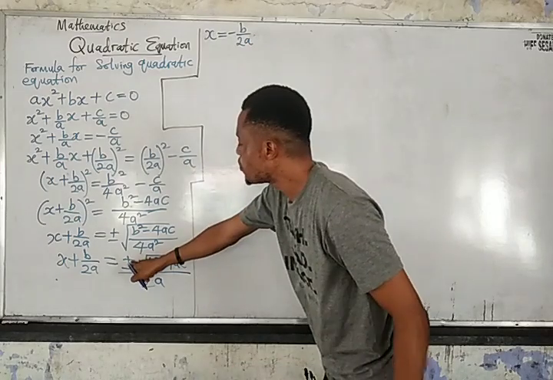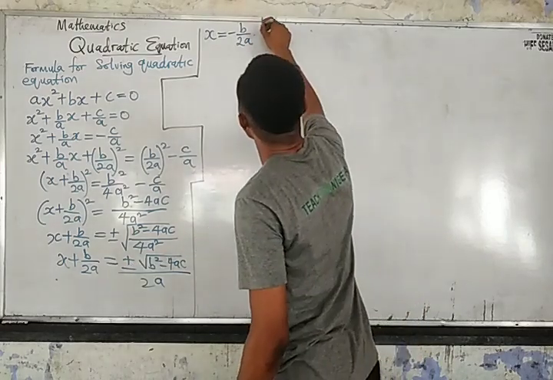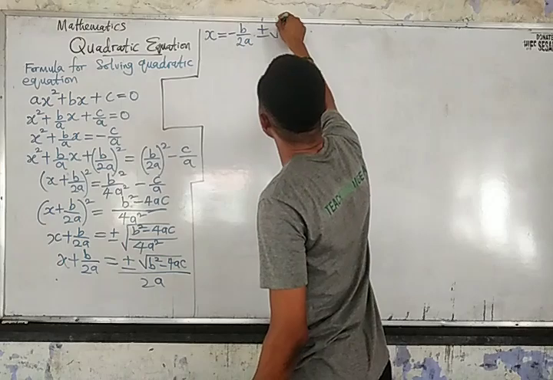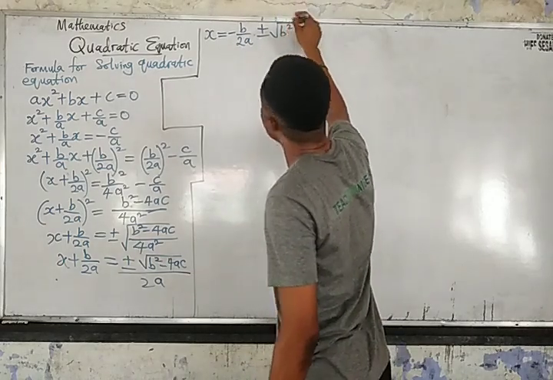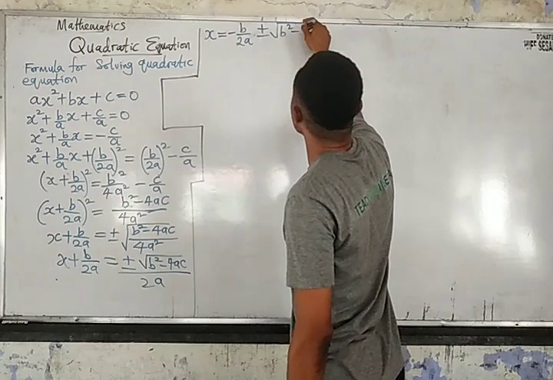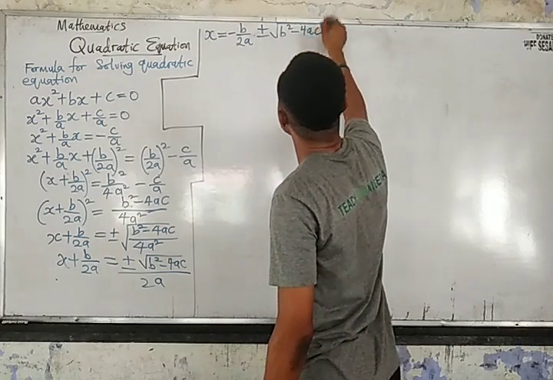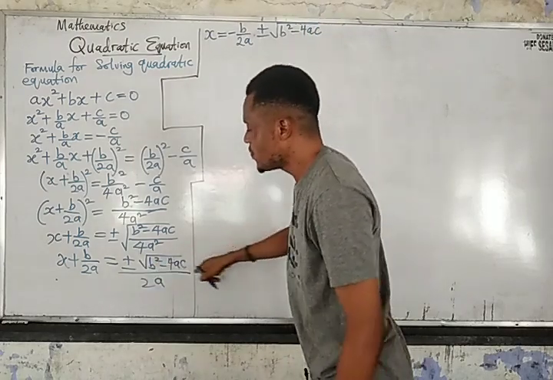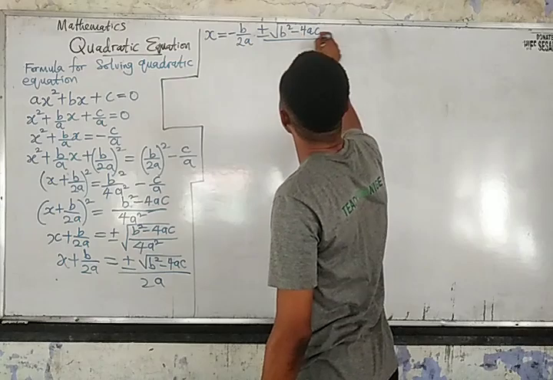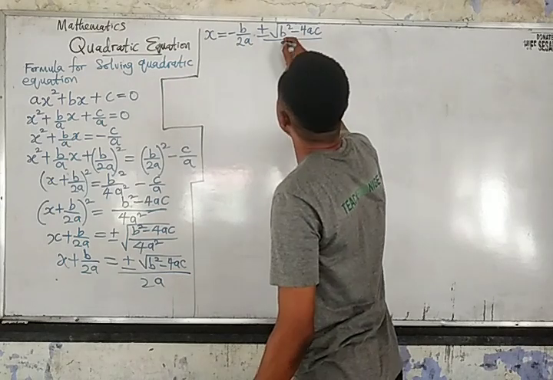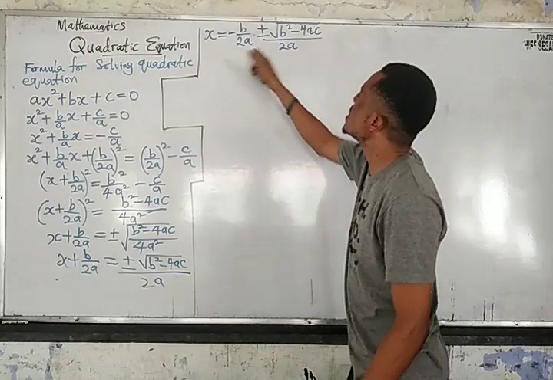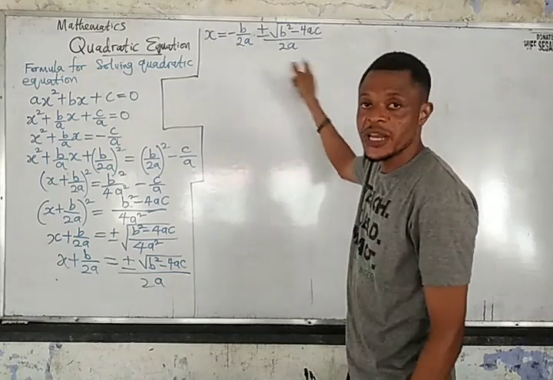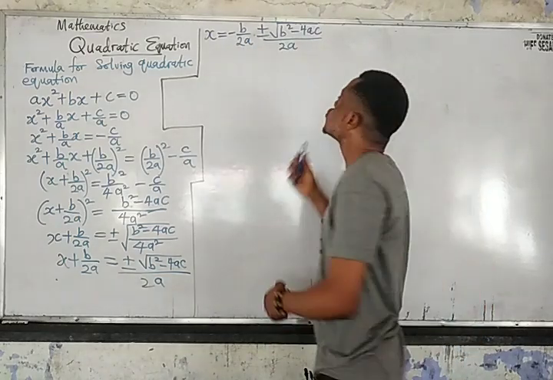So we have the plus or minus given, plus or minus the square root of b squared minus 4ac divided by 2a.